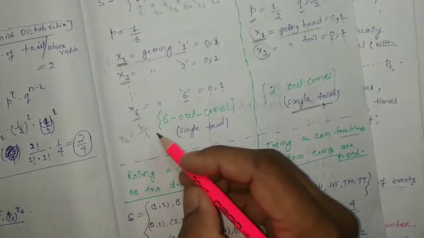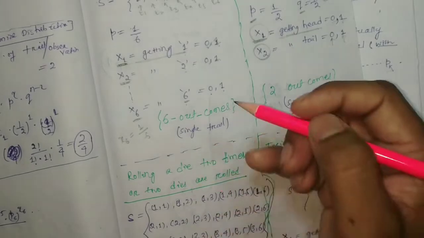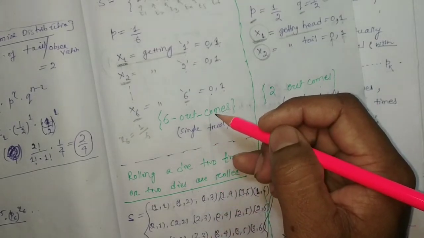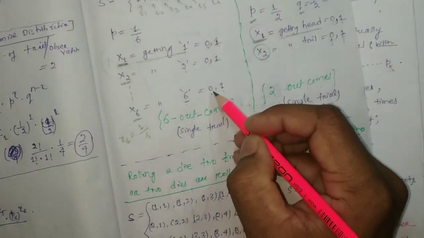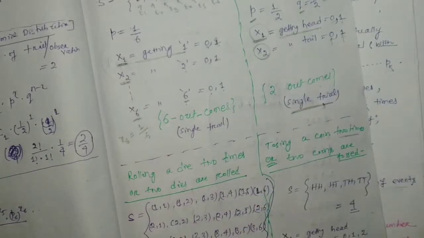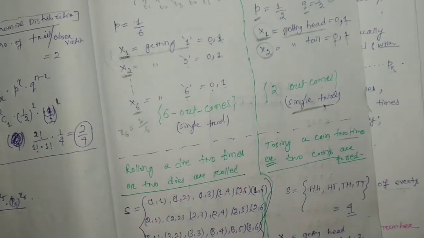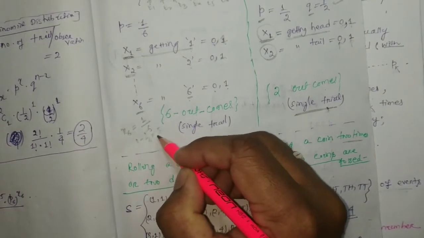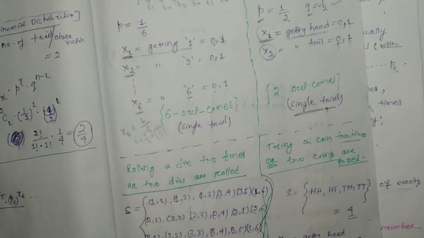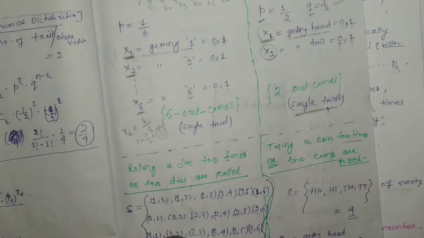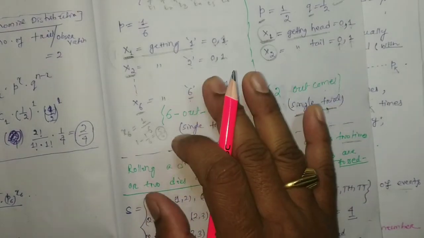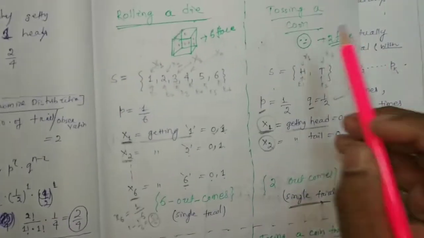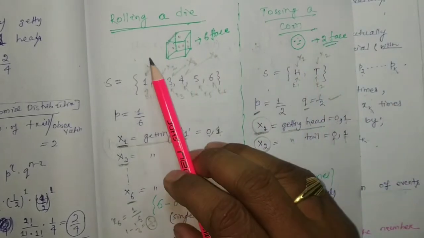Then what is the probability of not getting 6, that means I consider 0? That will be 1 minus 1 by 6, which is 5 by 6. These things we already know. So this is about tossing one coin one time, or rolling a die one time.